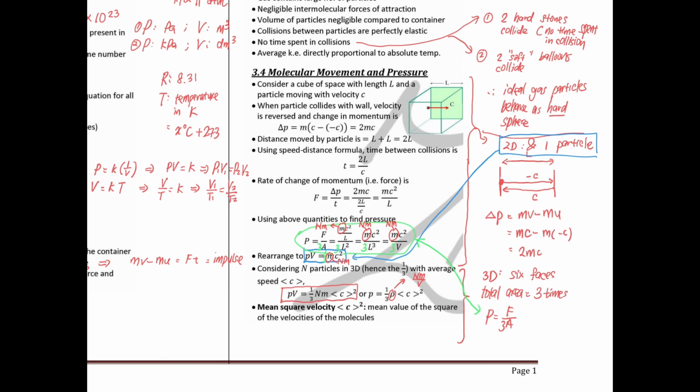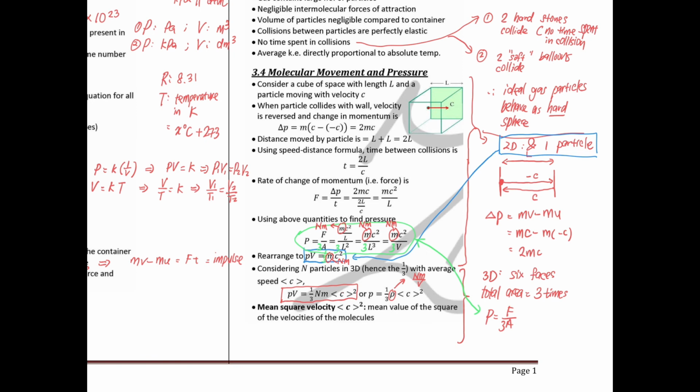Now, last point, mean square velocity c power 2. Mean value of the square of the velocities of the molecules. Okay, so mean square velocity. You know, particles move at different speed. So in average, we call it. In average, we don't have square, right?